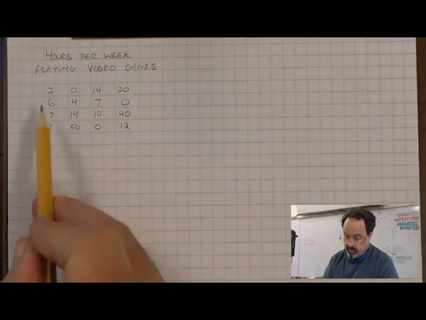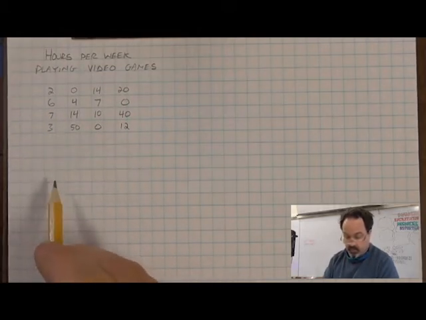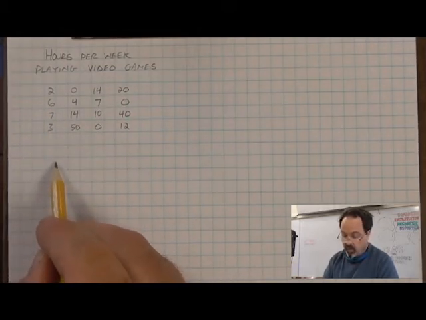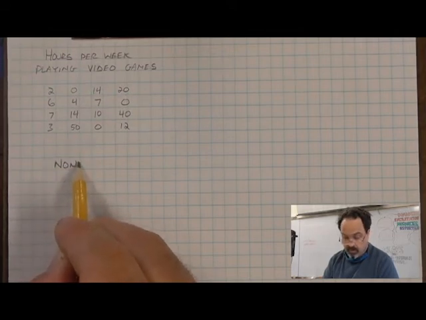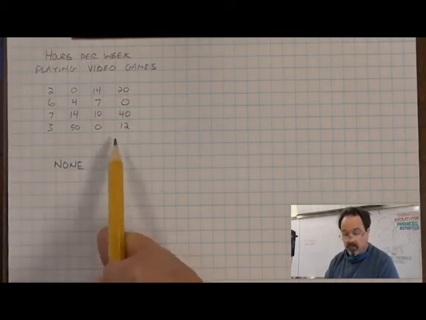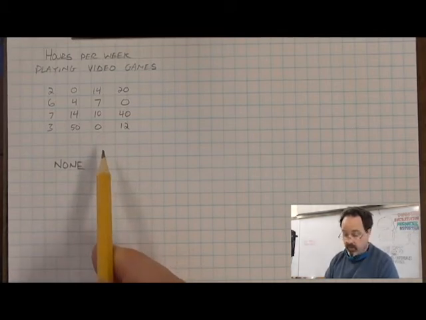Now, if I look at my responses here, it would be natural to choose one category to be none. And by none, we mean a response of 0, 0 hours of video games played per week.